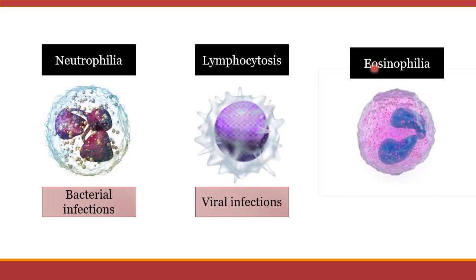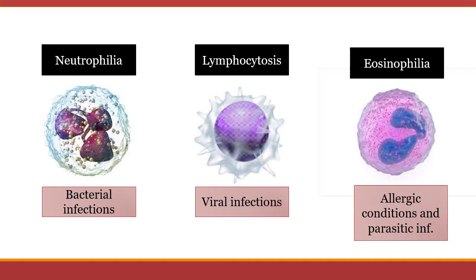Then we have the eosinophilia. Eosinophilia is mostly seen in what type of conditions? We can see eosinophilia in cases of actually 2 conditions: allergy and parasitic infestations. So these are the different types of leukocytosis and their relevance to their common pathological conditions.